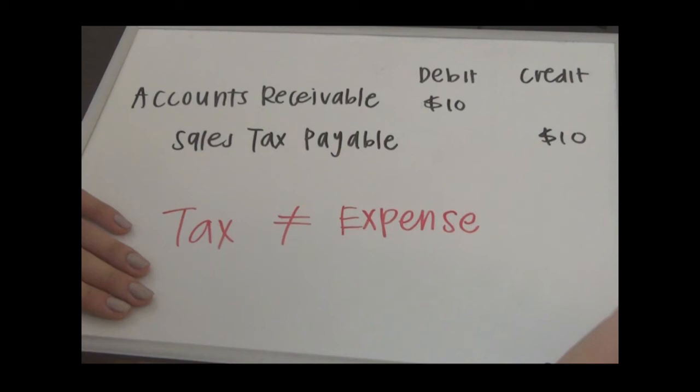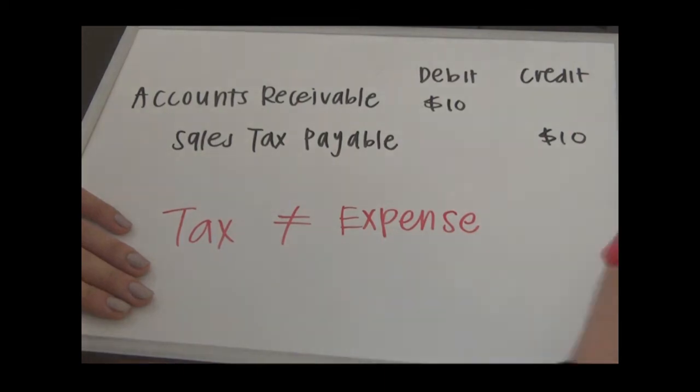Now pay attention here because this is the important part. Even though you owe the restaurant $10, the restaurant didn't make $10. They didn't earn that $10, or else it would be reflected in revenue earned. Later in the month, that restaurant is going to have to hand the city a check to pay the taxes owed. That's why we have this credit here, a credit of sales tax payable.